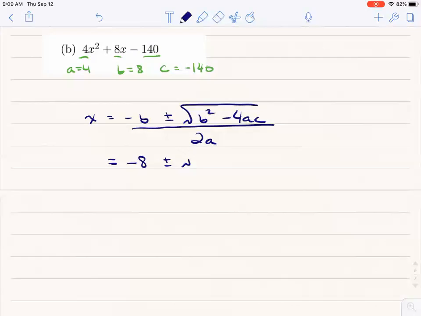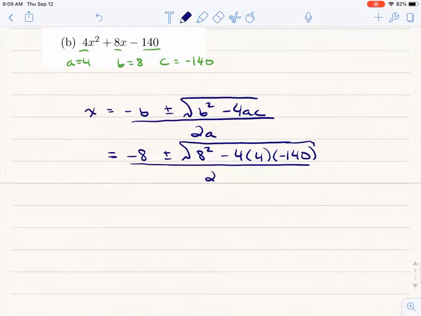-8 plus minus the square root of 8 squared minus 4 times 4 times -140, over 2 times 4.